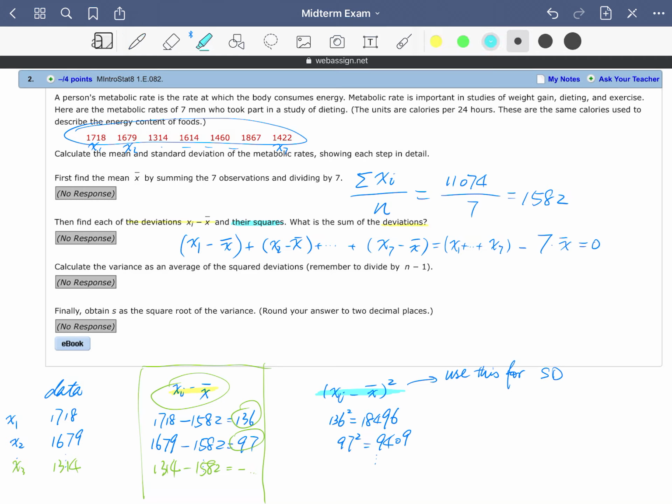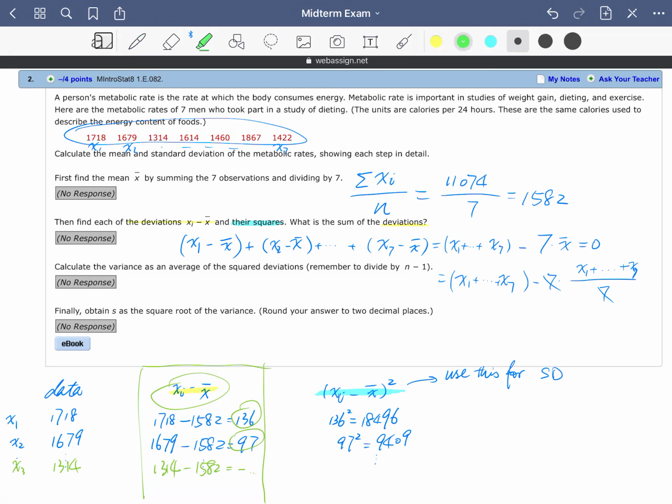Okay, because how do we find the mean? The mean is the sum divided by the number of observations. So x1 plus all the way to x7, subtract 7 times the mean. This is how the mean is calculated. This and that cancel each other.